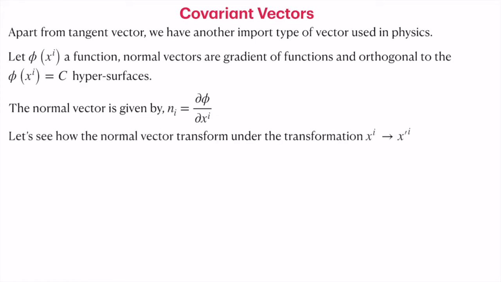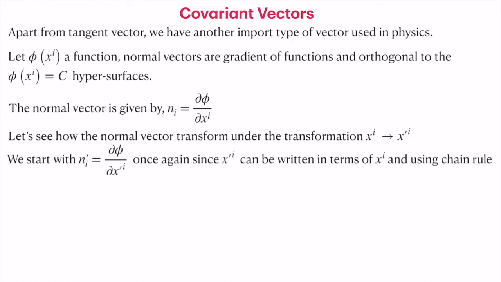Now let's see, under a coordinate transformation going from x i to x i prime, how does this normal vector transform? We start the same way, with the x prime coordinate system. We have a function phi defined there, and then define the gradient n prime i equal to d phi by dx prime i.